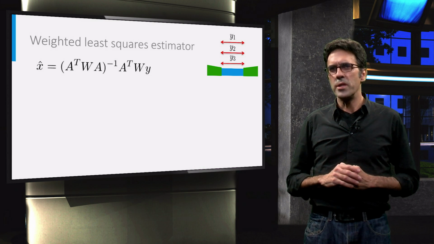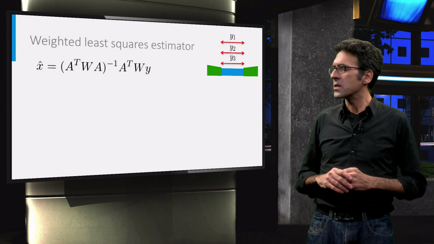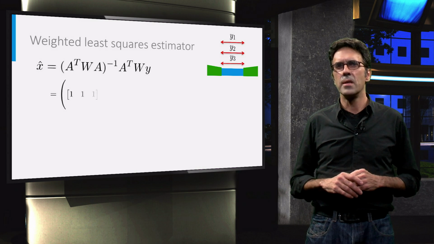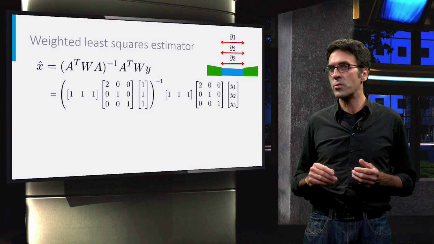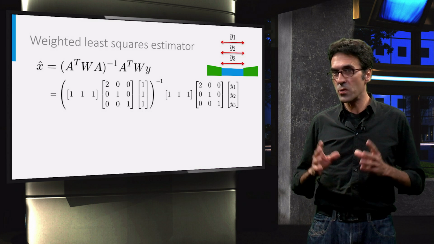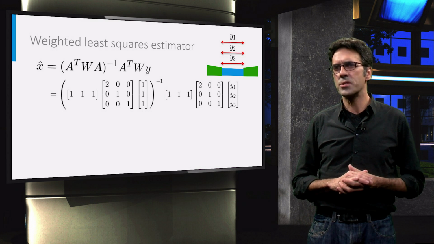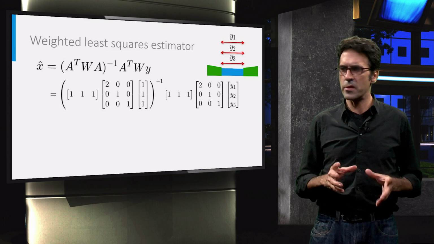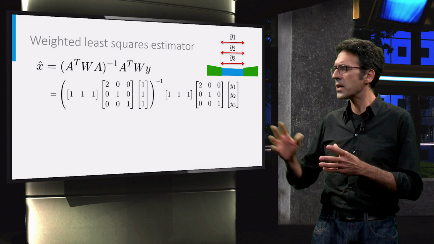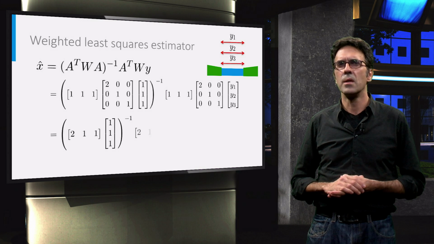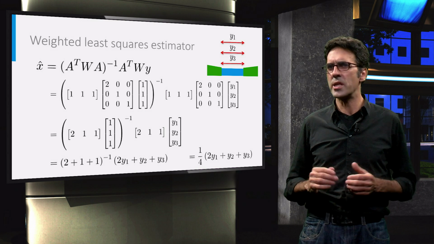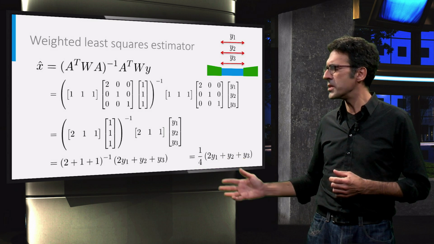We start with the equation for the weighted least squares estimate x hat. Since we have 3 measurements, the A matrix is 3 by 1. It's a matrix of ones. And the weight matrix W assigns a double weight for the first observation. So if you work it out, it looks like this. Working this set of equations out in 2 steps yields the results that you see down here.